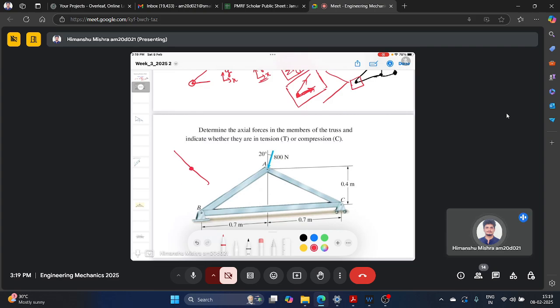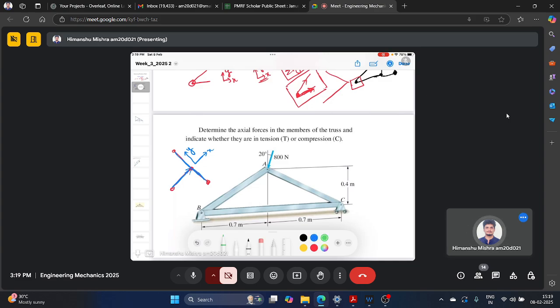This is the joint, and these are the members here. So in this case, you can decide the coordinate system like this. It is just to simplify the problem. So now this will be your coordinate system, this will be your horizontal direction and this will be your vertical direction. So this is just to simplify the problem.